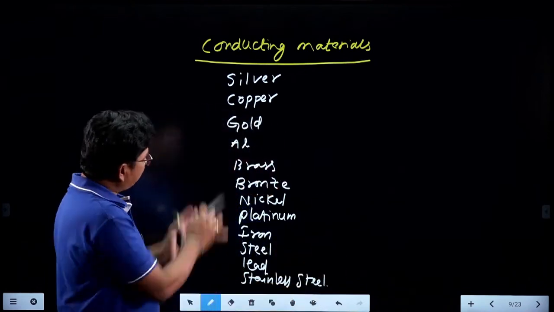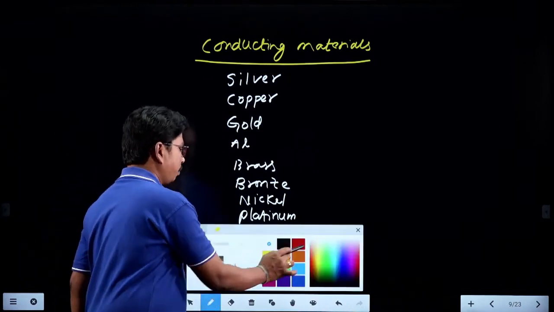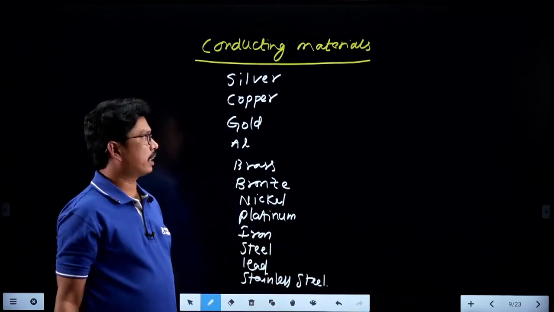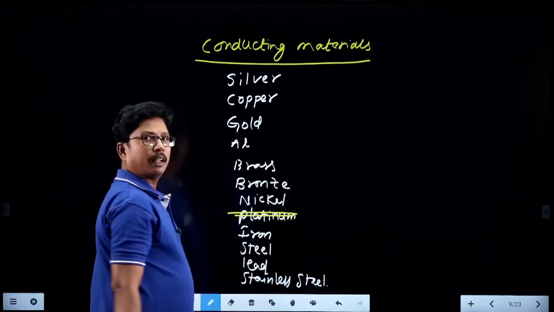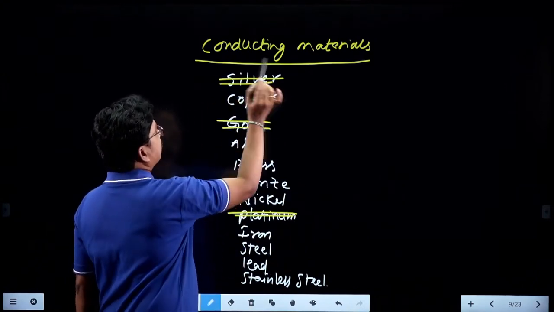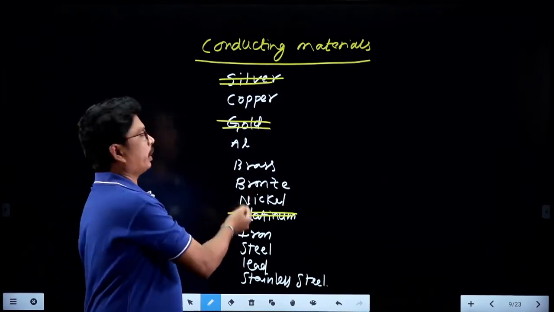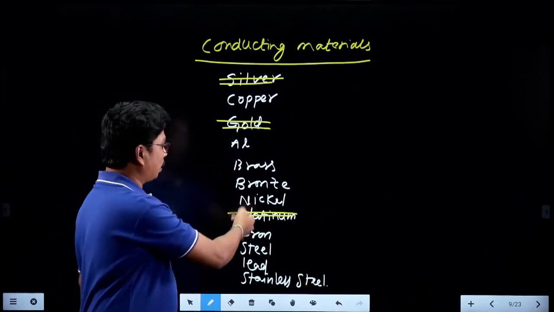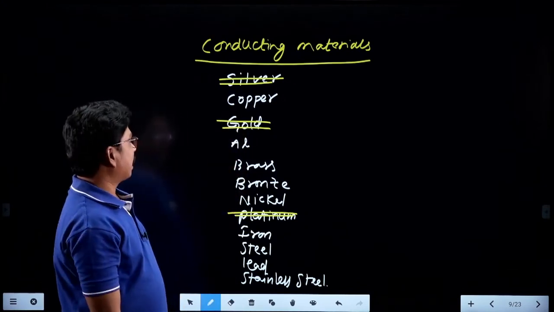In this, first of all, we have to go through an elimination process. We can eliminate platinum because of very high cost, and we can eliminate gold and silver. Basically, they are very high cost, and it's not possible to give protection for them. It's not possible to protect platinum, gold and silver conductors practically, right?